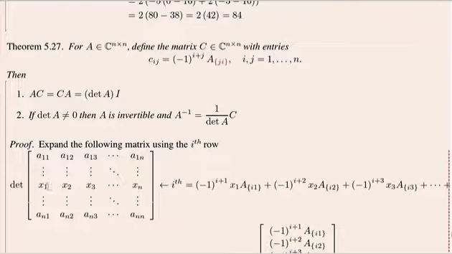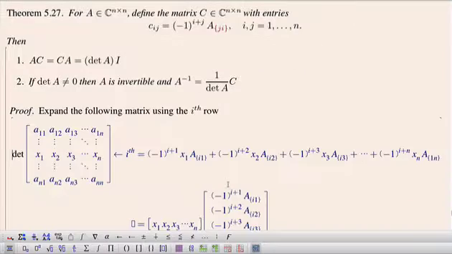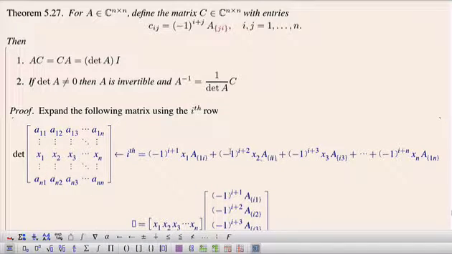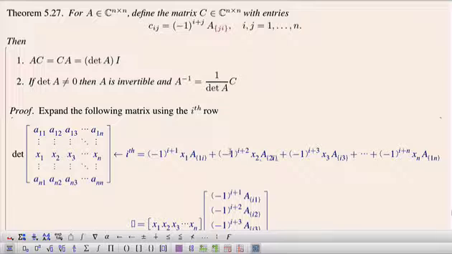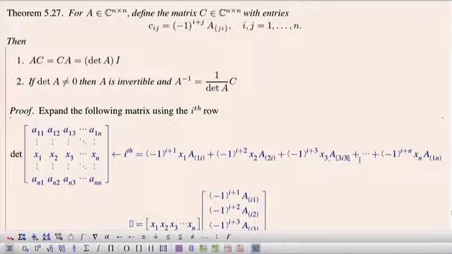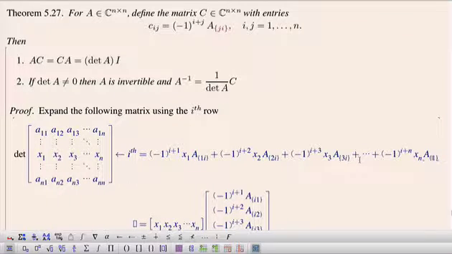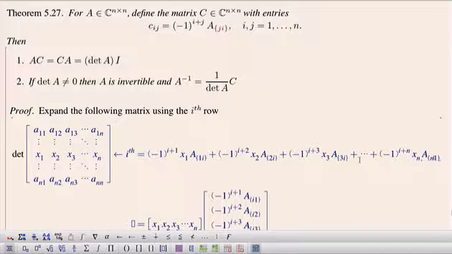If this is the ith row, then this is the i1 entry, so we need the 1i minor, and similarly for x2, which is in the i2 entry, we need the 2i minor, and so on. We have the 3i minor, and finally the ni minor.